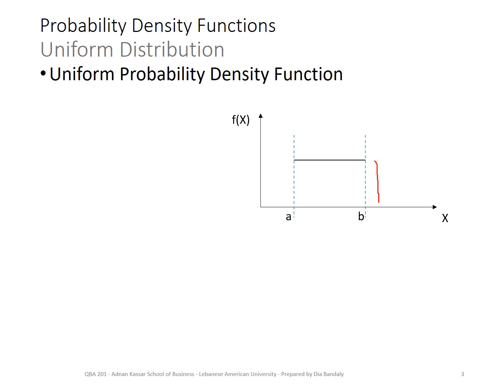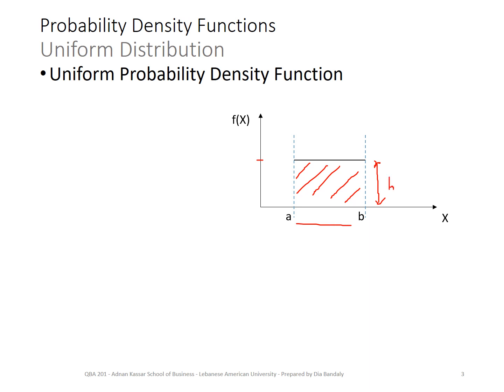What would be this value here? I know it's a horizontal line, but what is the value of that horizontal line? The answer to that is very easy. Remember, we are looking for an area under the curve equal to 1. So all that area should be equal to 1 because it represents the whole probability. And the geometric shape of this area is a rectangle, and the area of a rectangle is equal to the base times the height.